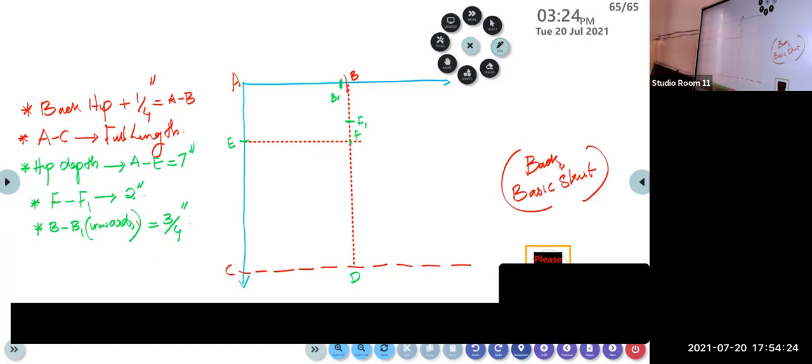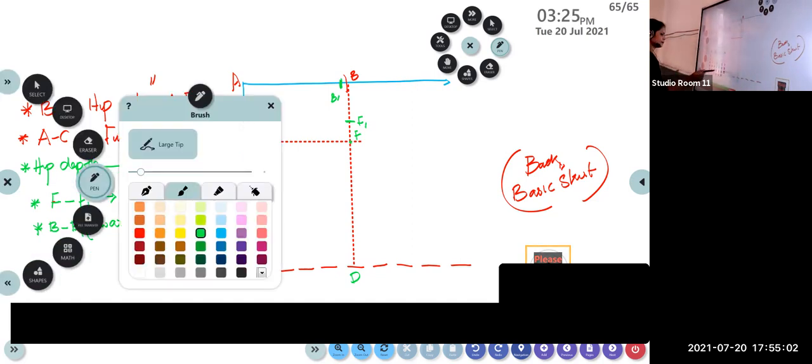Okay. And the next step is what? Now we are going to mark 5.5 inches down from point A on the AC line. 5.5 inches.